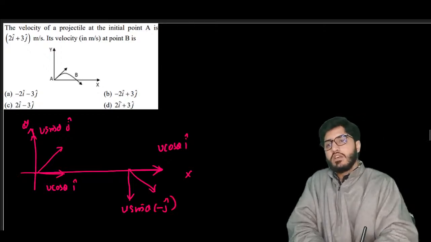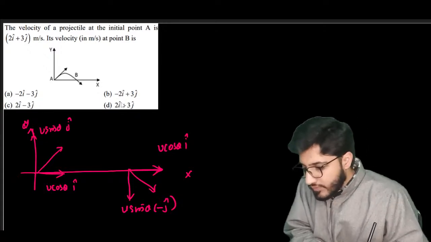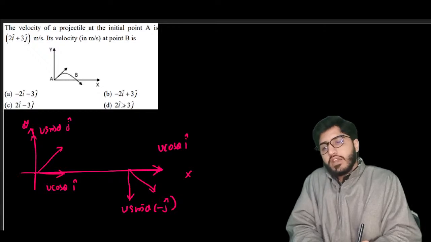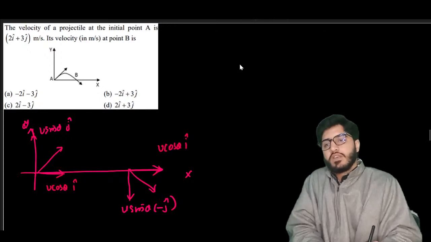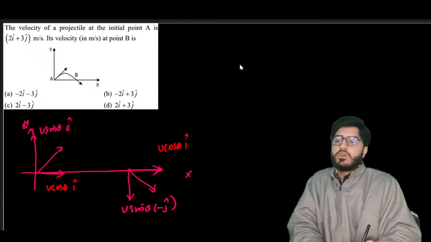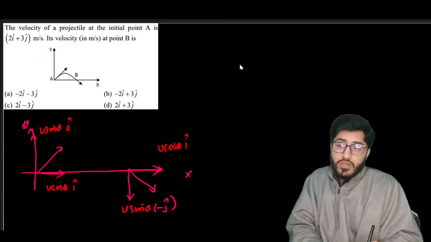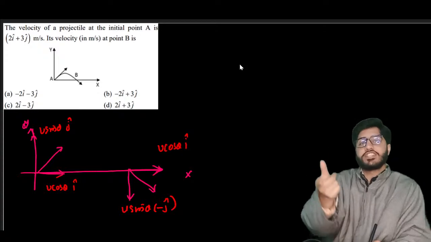If we compare these two, u cos theta is the same. You can see u cos theta is same. Now what is the difference? Here u sin theta is in j, but there u sin theta is in minus j. That means the j quantity is reversed in direction.